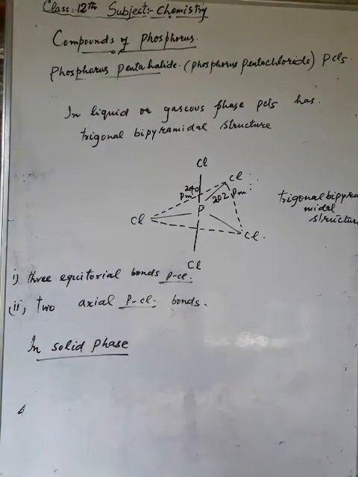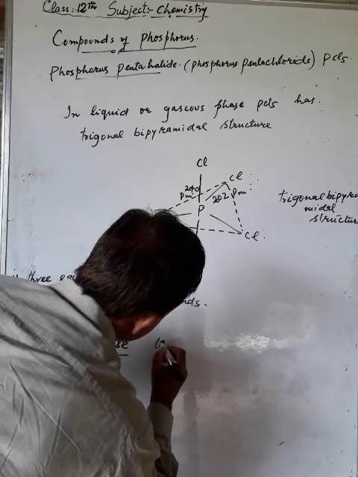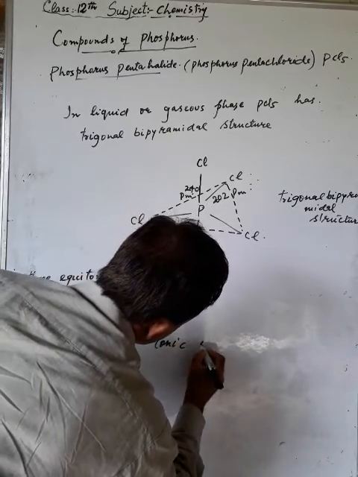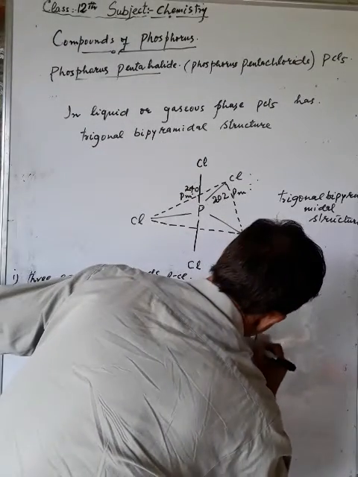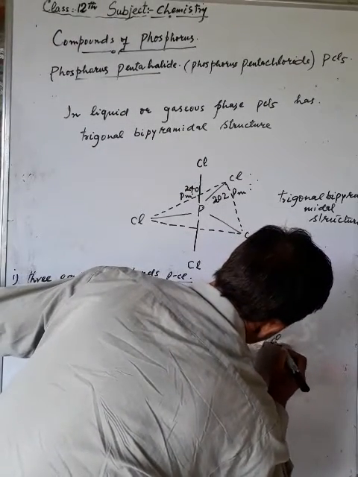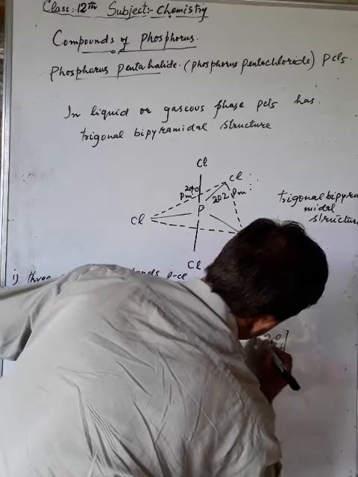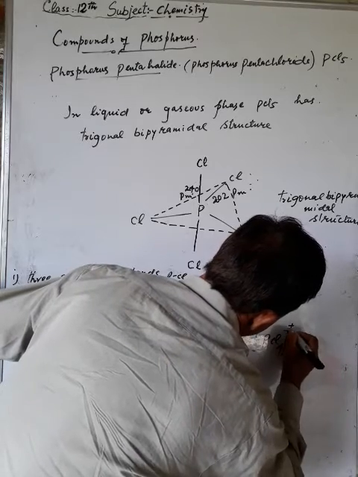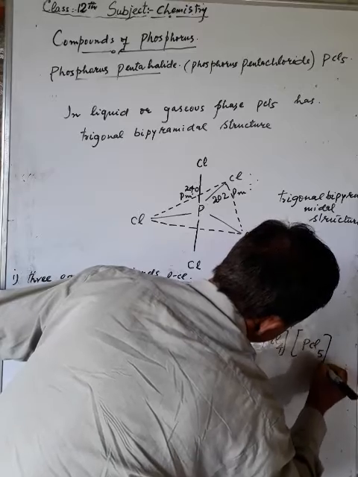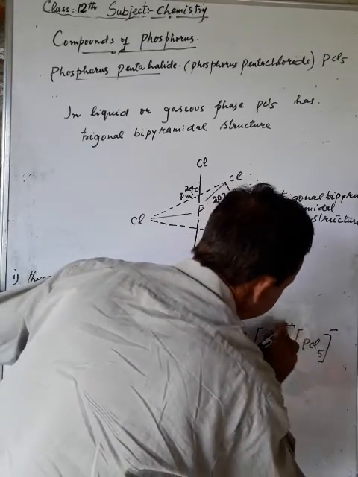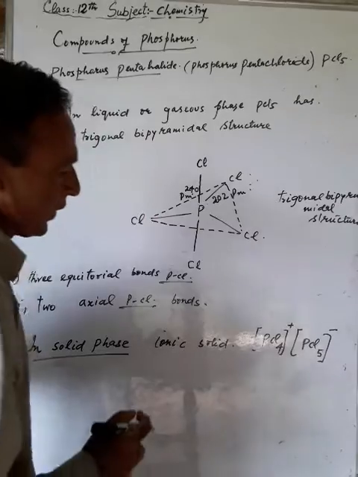And in the solid phase, this PCl5 exists as an ionic solid which has the formula PCl4 plus and PCl6 minus. PCl4 is the cation and PCl6 is the anion.